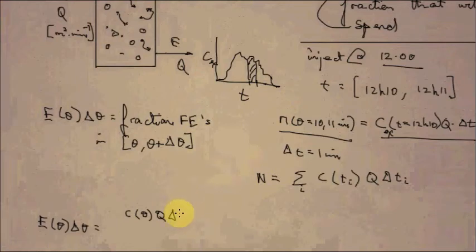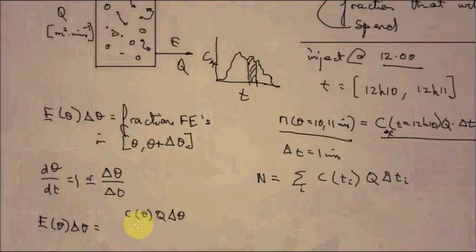So we can write this as a delta T. In other words, d theta dt equals 1 is approximately the same as delta theta over delta T. So delta T equals delta theta, and then we are substituting T for theta, and so that's the number of moles there.